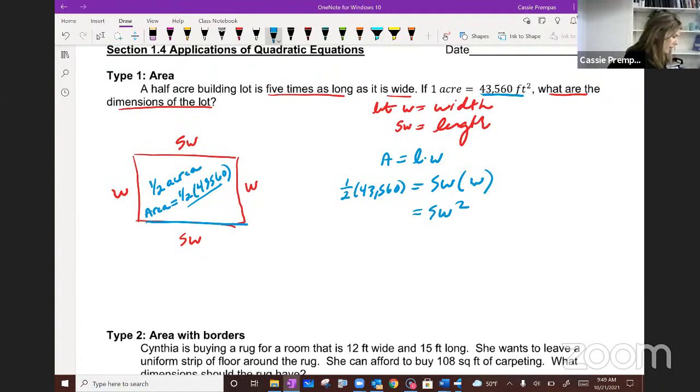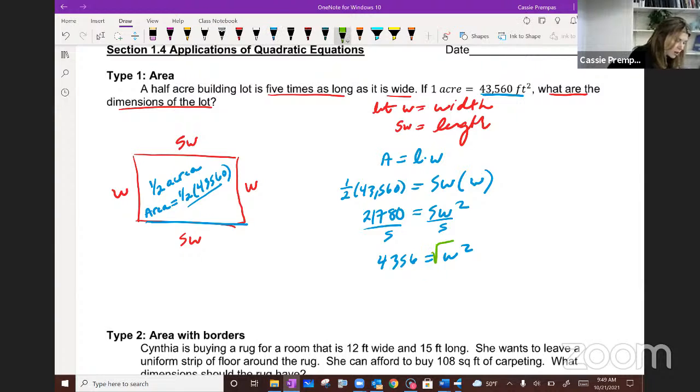Okay, so 1/2 of 43,560 would give me 21,780. This has just a variable squared, so the easiest thing to do would be to get the variable by itself. We'll divide by 5 and then take the square root. So we have 4,356 is equal to W squared.